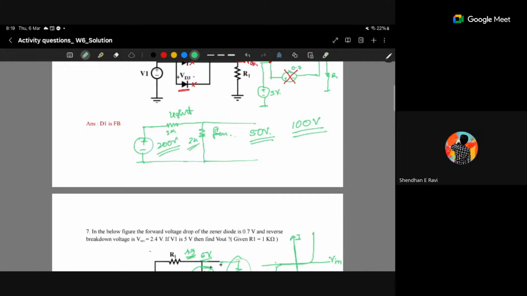Yes, sir. So the voltage drop across the fan is 100 volt. If you provide this 100 volt across the fan, it will immediately be damaged, right? Yes, sir.